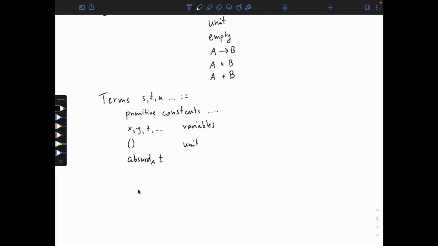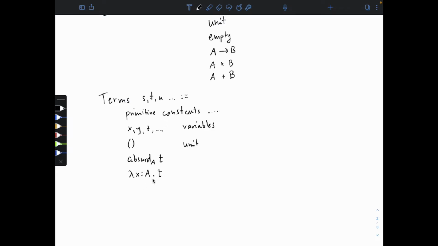Then functions, okay, what can we do with functions? We can have abstraction. When we have lambda abstraction, because this is a simply typed lambda calculus, it's typed, we want to put a type here. There are lots of variants of this calculus, some have this type here, some don't. I'm doing a very explicit simple one where each variable is tagged with its type when it is introduced by a lambda.